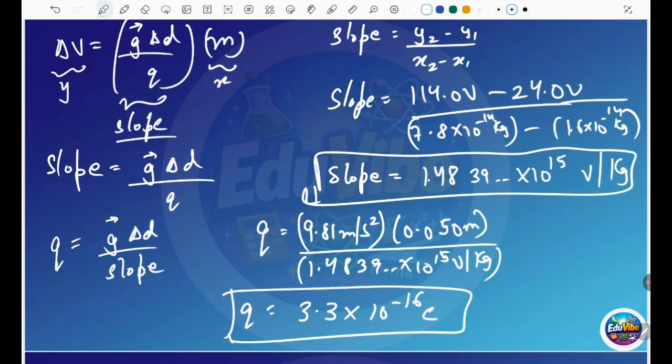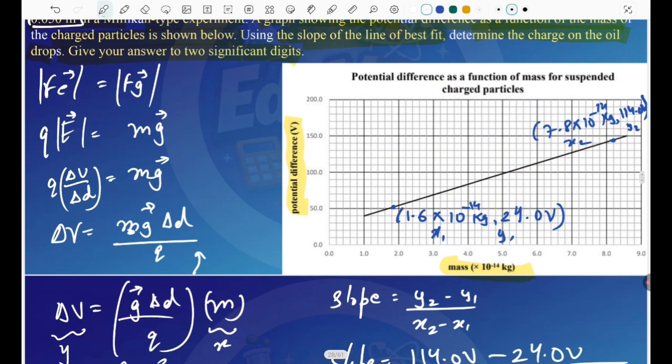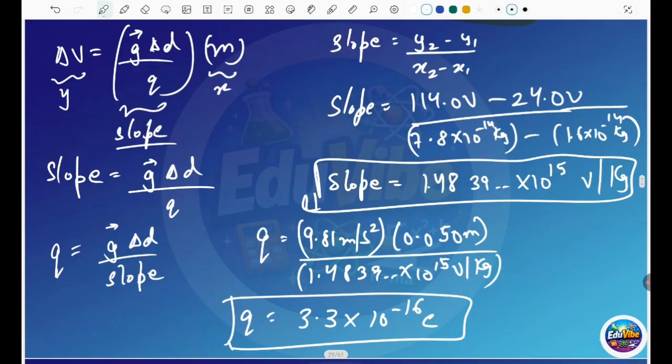Again, this is not an exact answer. This is an approximation value. So if you get 3.4, 3.5, 2.9, those are all right answers, because depending on the graph, you can get any point from there. This all depends on what points you get from that graph. So that's all you have to do in that type of question.